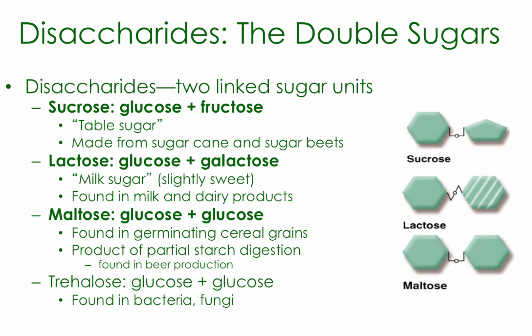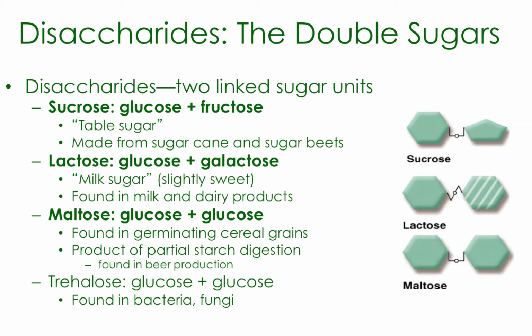So in order to digest these disaccharides, what do we use? We use what's called a disaccharidase. These digest in the brush border, found in the glycocalyx, the unstirred layer of the brush border of the small intestine.